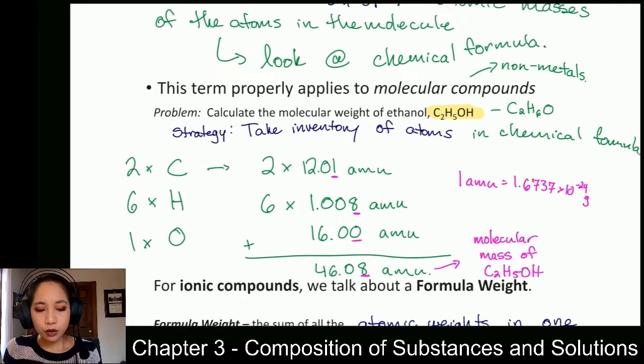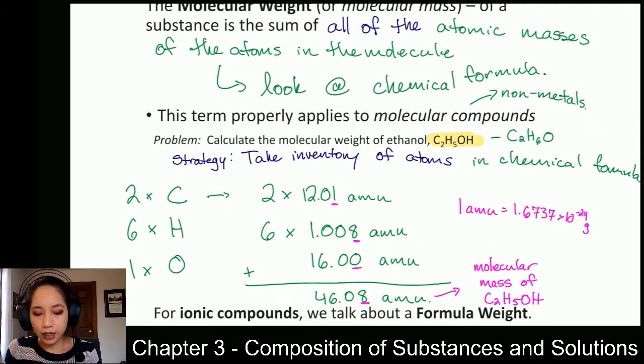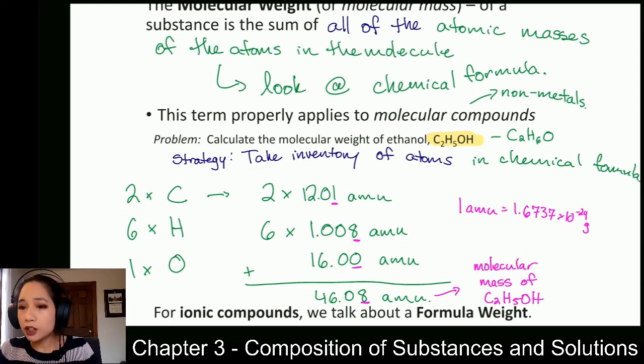All right, so the term molecular weight, and what we did right here in taking inventory of all of the atoms and the atomic weights to calculate this molecular weight, applies to molecules that are bonded covalently and are only composed of nonmetals.